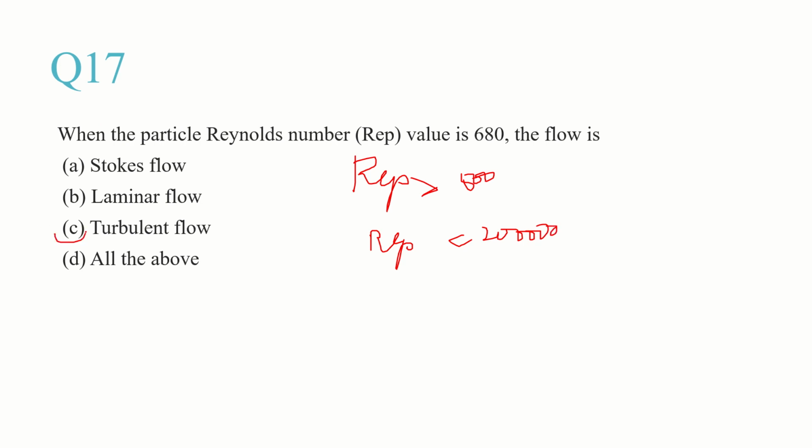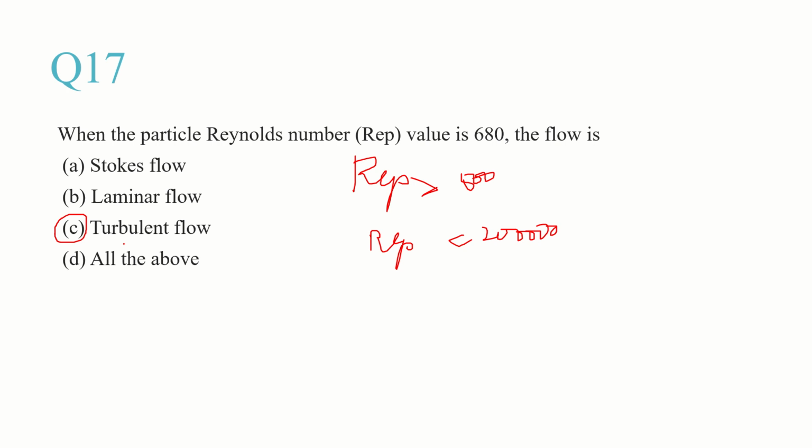So the answer to this question is option C, that is when the particle Reynolds number value is 680, the flow is turbulent flow. Since it is exceeding the 500 value, the answer is turbulent regime.